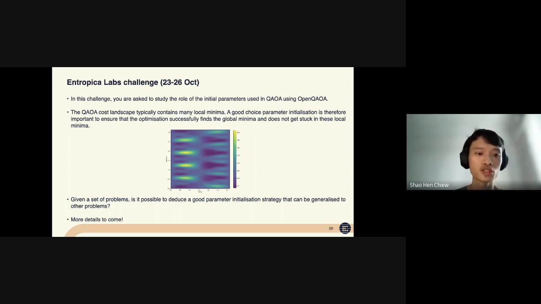This is a subject of ongoing study, and it's related to very relevant issues like barren plateaus. So it's a really interesting problem. The task is to deduce a good parameterization and initialization strategy that can be generalized to many other problems. We'll post more details in a few days to come.